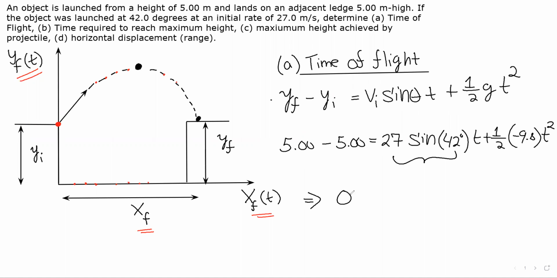The left-hand side is 0. For the first term, I get sine 42 times 27, 18.1 t. The second term on the right, negative 9.8 divided by 2, or you could say times 0.5, gives 4.9 t squared.